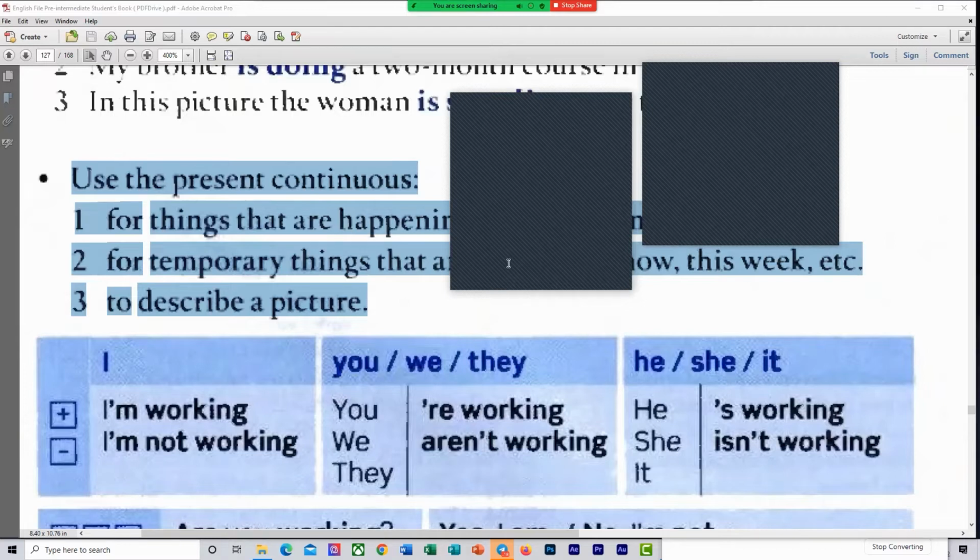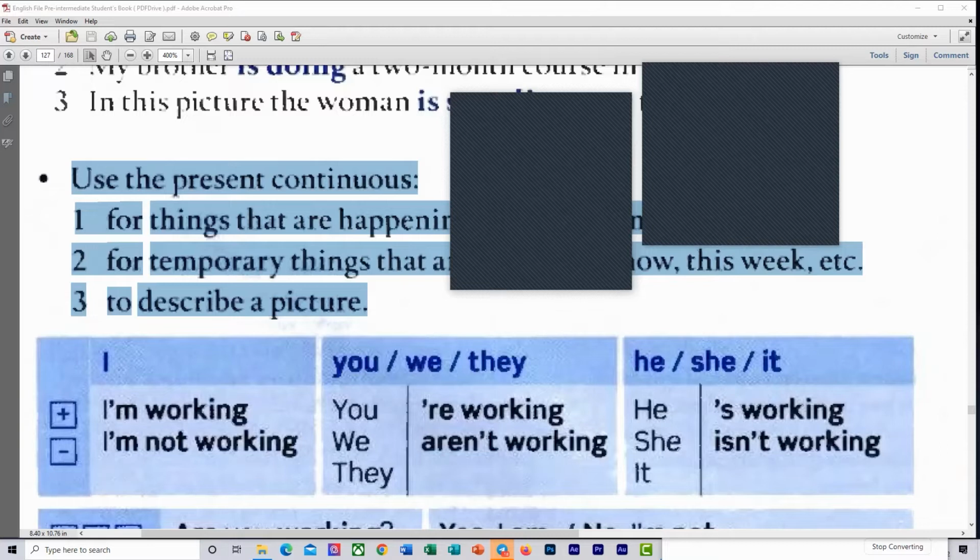And for the temporary, do you know the word temporary? Temporary means not permanent. So this one we talk about plans. For example, rule number 2: Mr. Ray is having dinner with his family tonight.